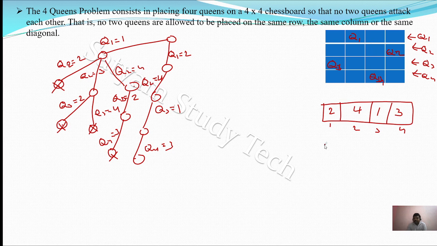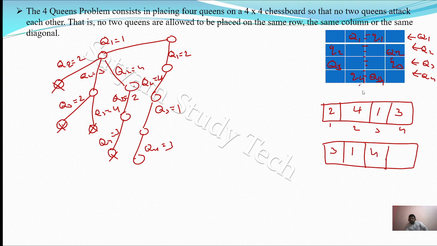Another solution is the mirror image of this: Q1 in the third column, Q2 in the first column, Q3 in the fourth column, Q4 in the second column. This is another solution.